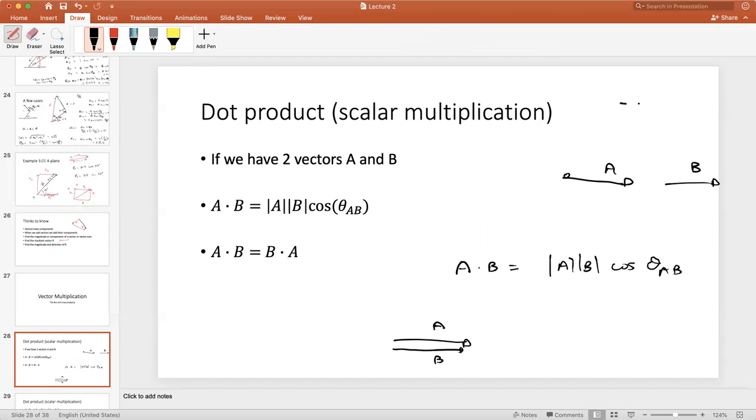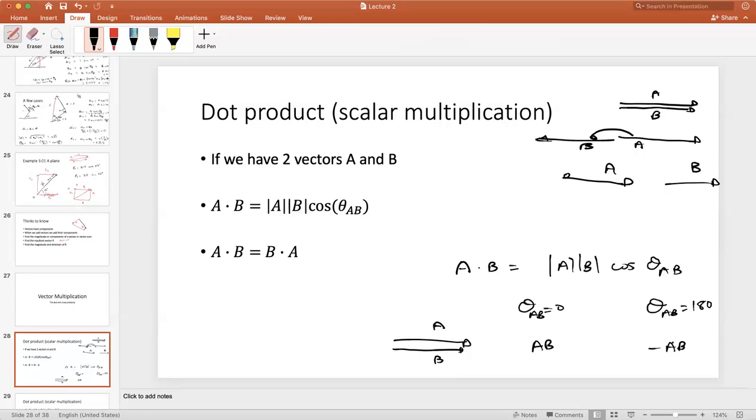If I put them tail to tail, they lie along the same line. What if they are in opposite directions? Okay, so this is B and this is A, and the angle between them would be 180 degrees. Cosine of 180 degrees is negative. So in the second case, I would get negative AB, okay?